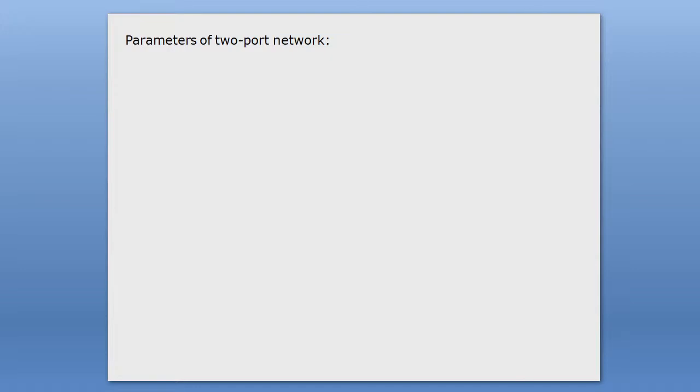If you want to draw the output characteristics of a common emitter transistor, you choose the output current, the collector current, along the y-axis and the output voltage, that means VCE, the collector to emitter voltage, along the x-axis. These two, collector current and collector to emitter voltage, are variables. But what is the parameter?